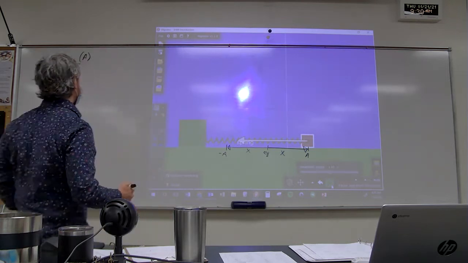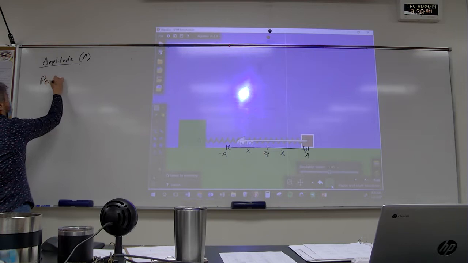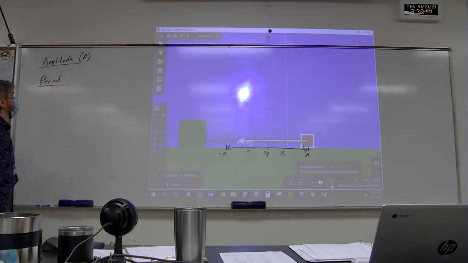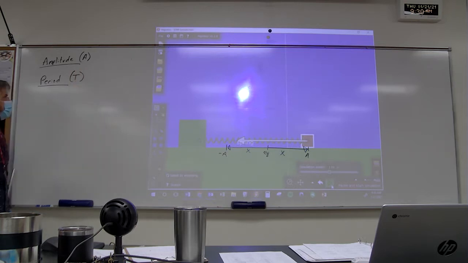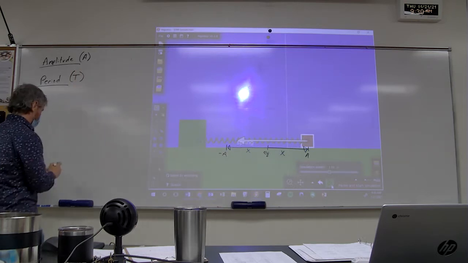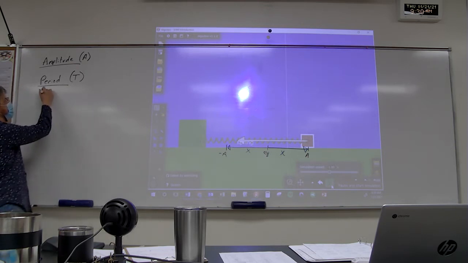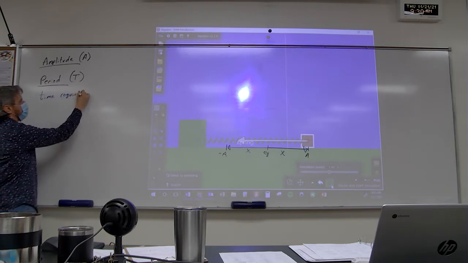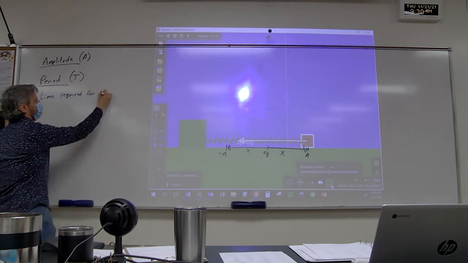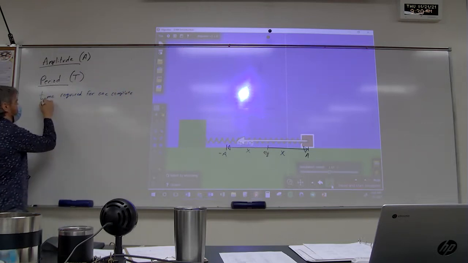That's not new. This next one will be somewhat new, and that is the period. Since period starts with a capital T, the symbol for period is a capital T. This I'm going to define because it's very important to understand. The period is the time required for one complete oscillation.